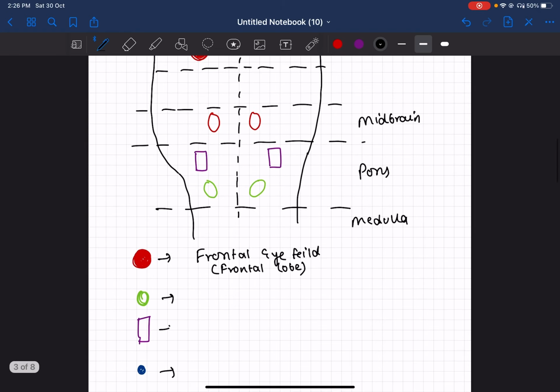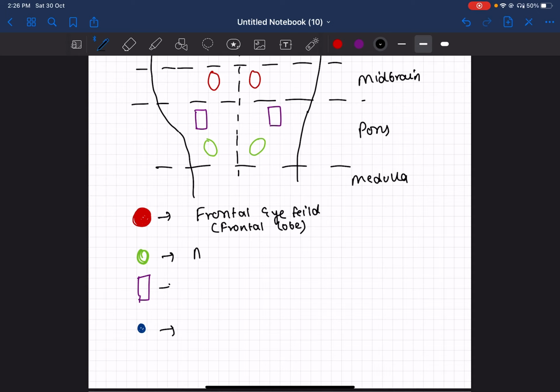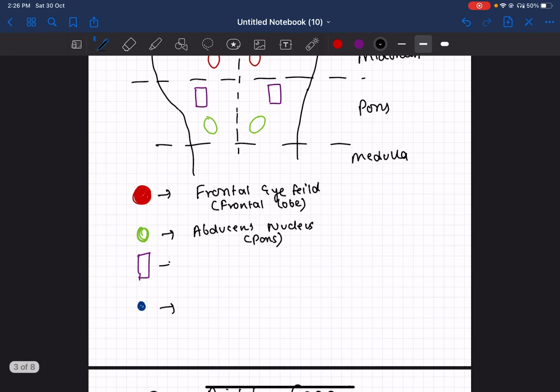The green color structure you can see here is the abducens nucleus. It is present in the pons. The purple rectangle you can see here is the PPRF or parapontine reticular formation. As the name suggests, it is also present in the pons.